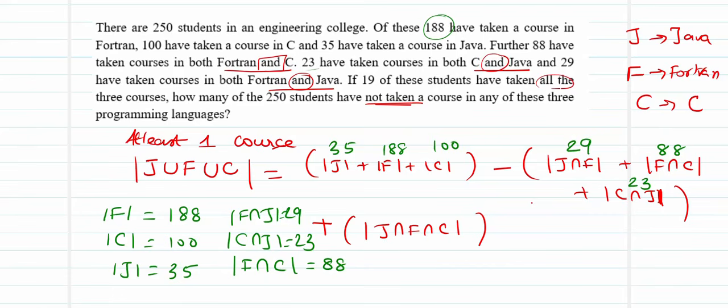And 19 students have taken all three courses, so the last value is replaced with 19.